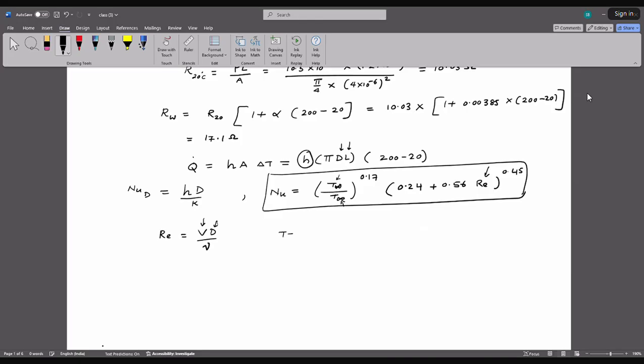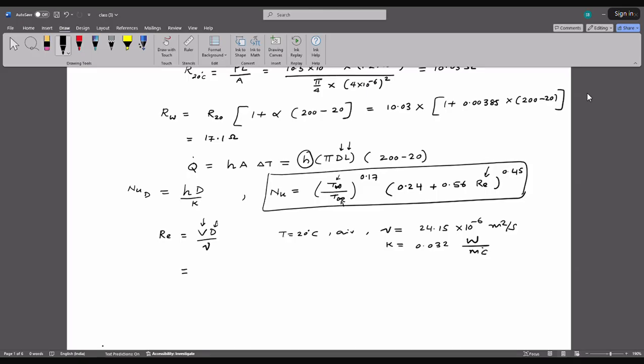So for air at 20 degrees centigrade, the kinematic viscosity is 24.15 into 10 to the power minus 6 meter square per second. Thermal conductivity is 0.032 watt per meter degree C. So we can first find the Reynolds number.